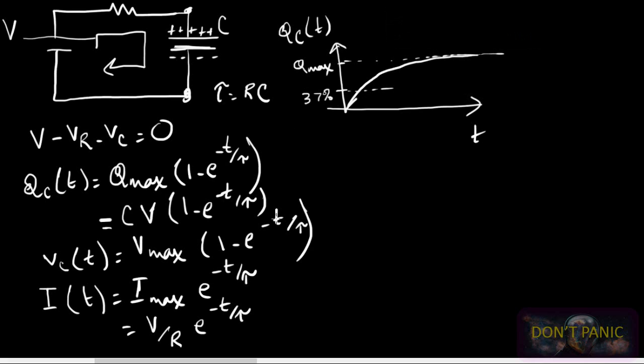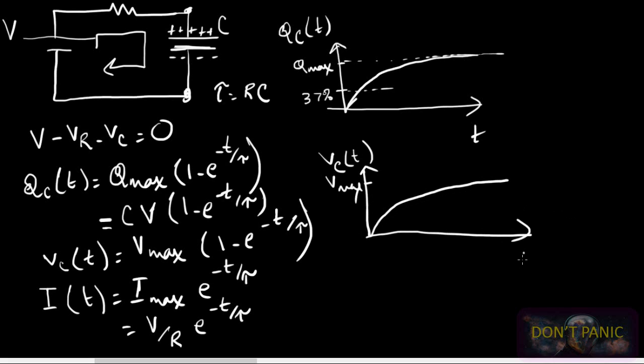Then after 2 time constants, it's going to be much more charged, and eventually it's going to be totally charged. Same thing with the voltage. If you're plotting the voltage across the capacitor, it starts from 0 voltage and goes up to its maximum value.